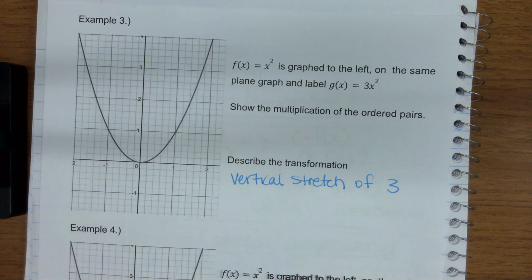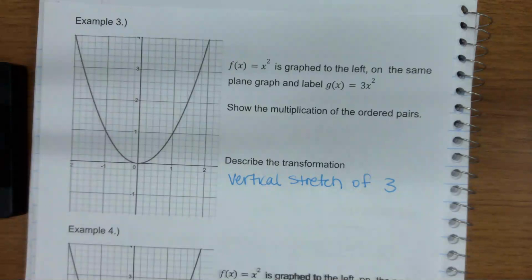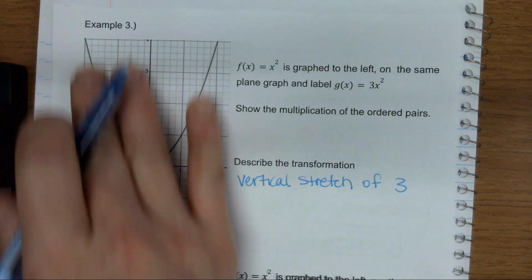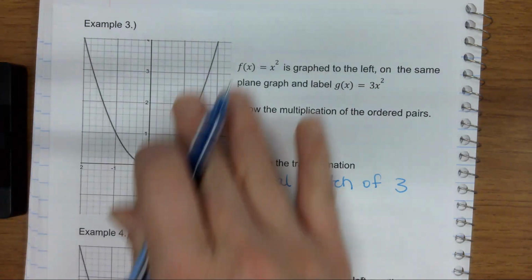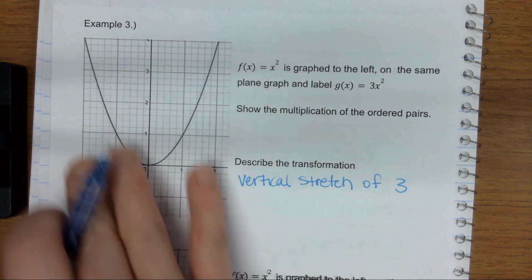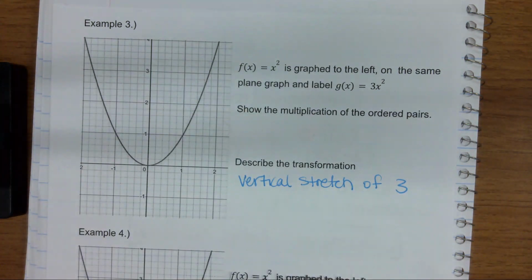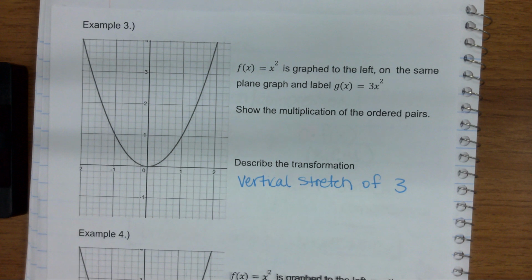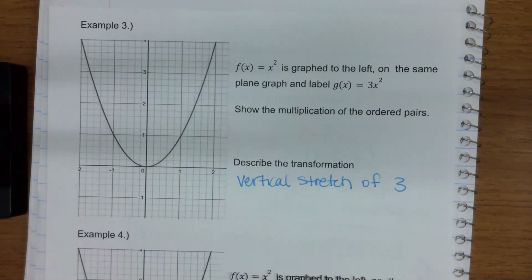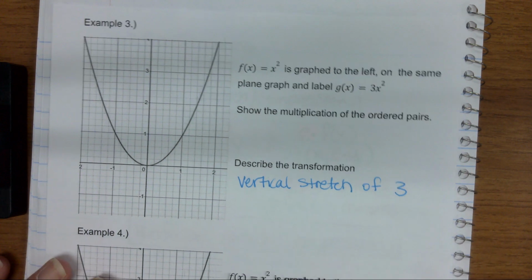I'm going to show my 3 key points, but do you remember the shape of this graph? I'm only using 3 points because I don't want you to spend a lot of time graphing a million points. But just keep in mind it's still a parabola, so it's going to be a steep one, but it's going to be U-shaped.